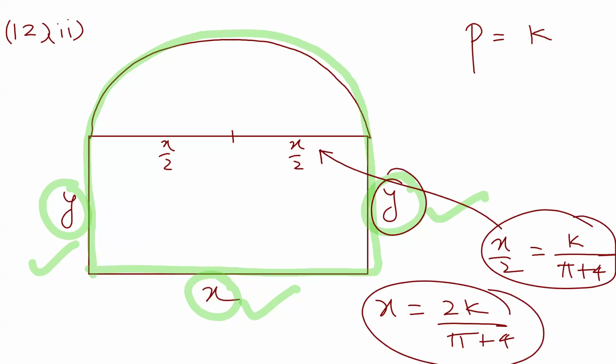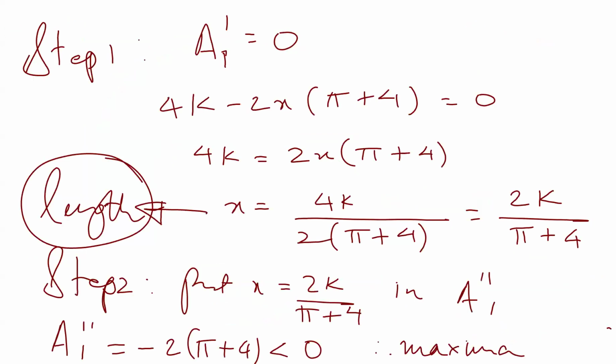And now we are supposed to find out y. Calculation of y will be a task because too many calculations will be there. Length and radius, I hope you people have understood this.